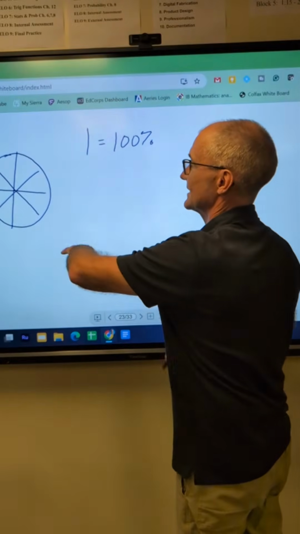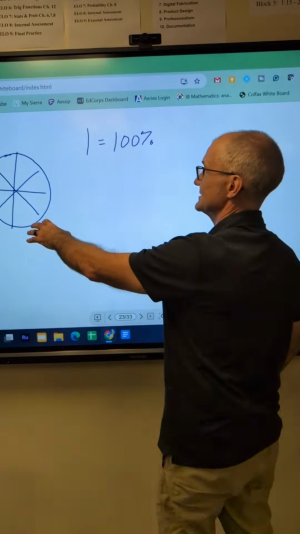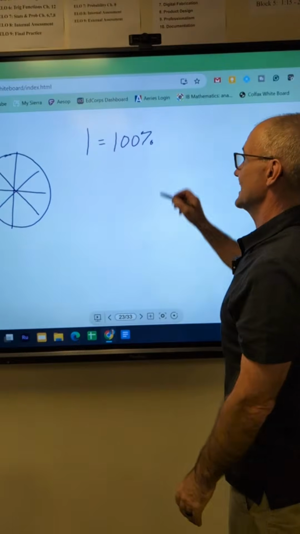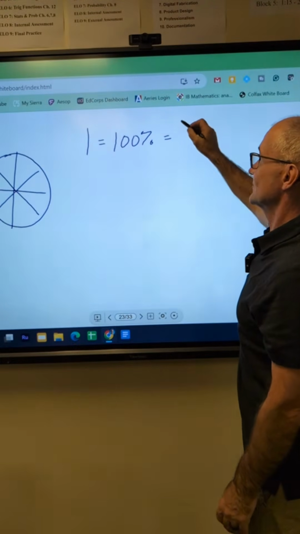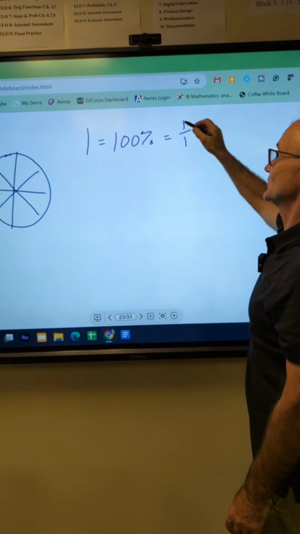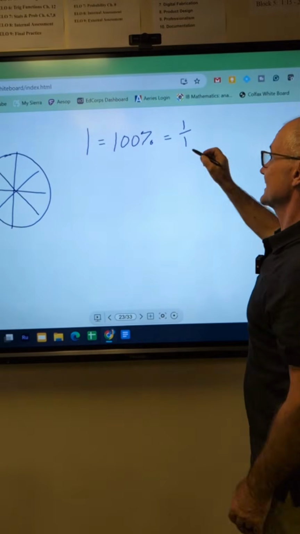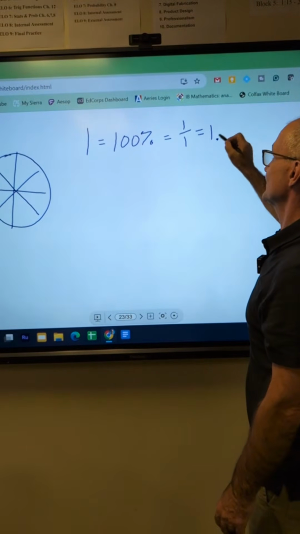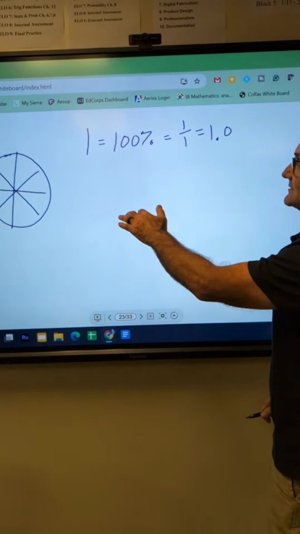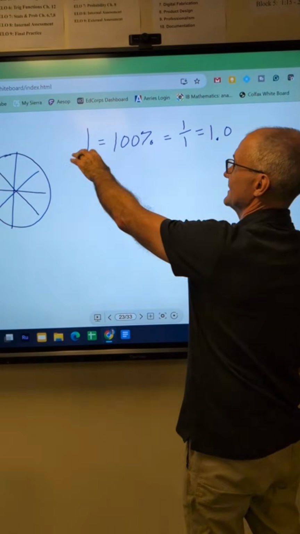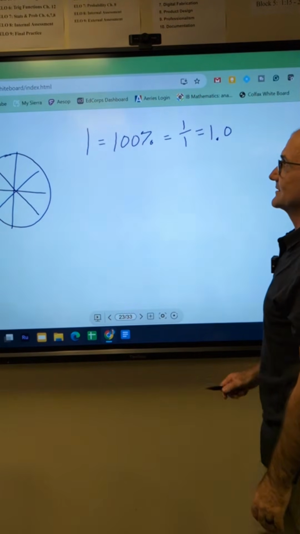If you eat every slice, you ate 100% of that pizza, and it's just 1. As a fraction, it's 1 over 1, because 1 divided by 1 is 1. As a decimal, it's 1.0. Those are all equivalents. So 1 and 100% are the same.